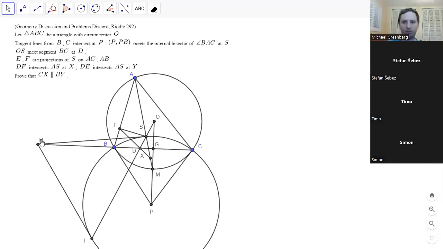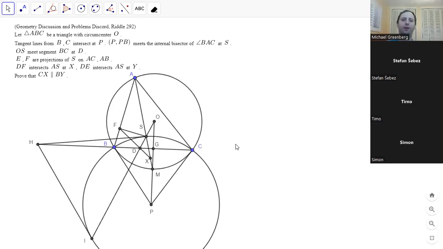We just want to show that triangle ASC and AFX are similar. Oh, really? Yeah. Interesting. After that, an angle chase can finish, I think. ASC and AFX. So we want to show that there's a spiral similarity.